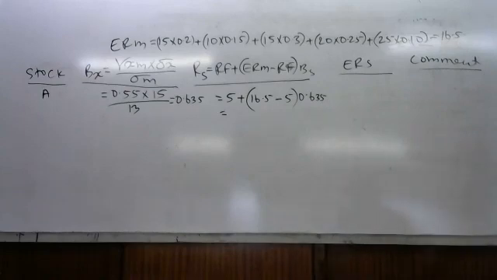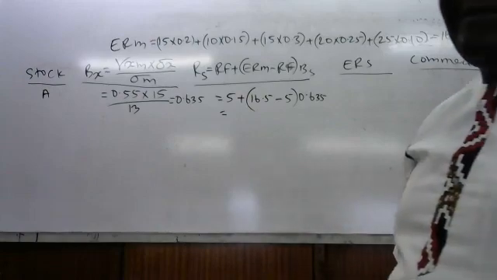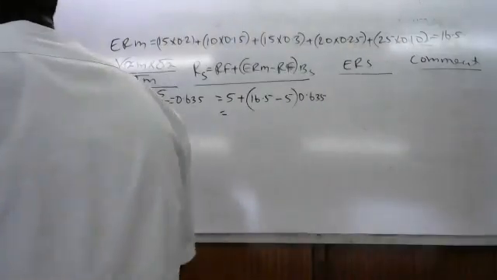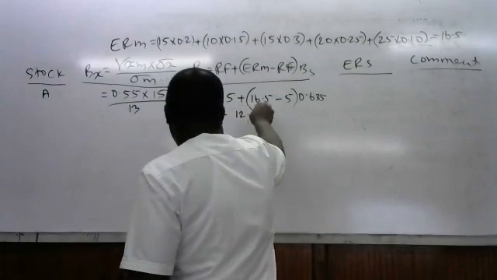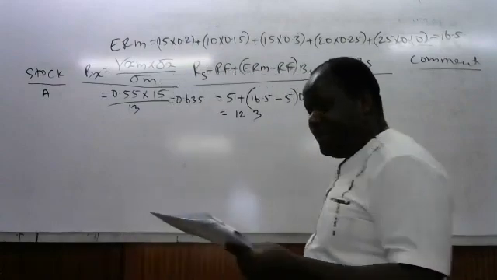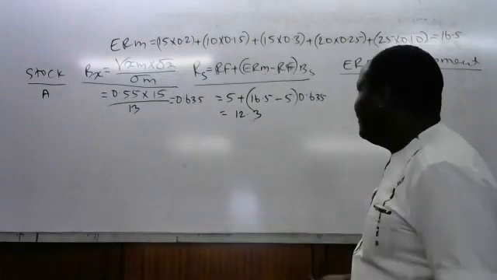So you now get 12.3. Then the expected return was given.